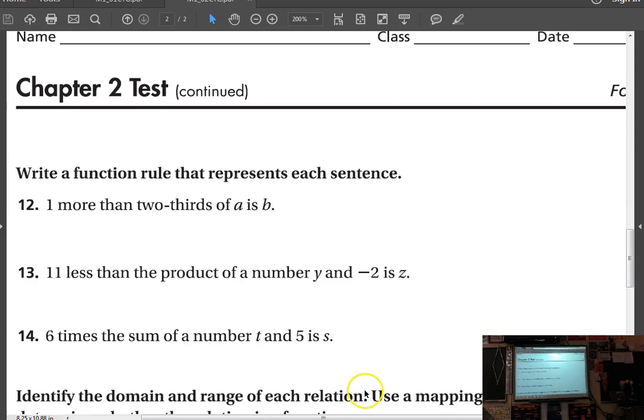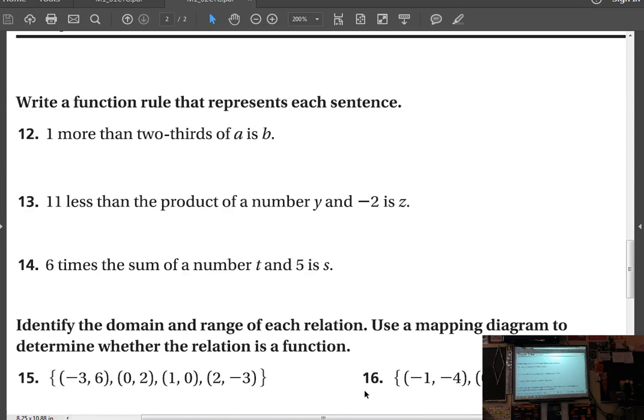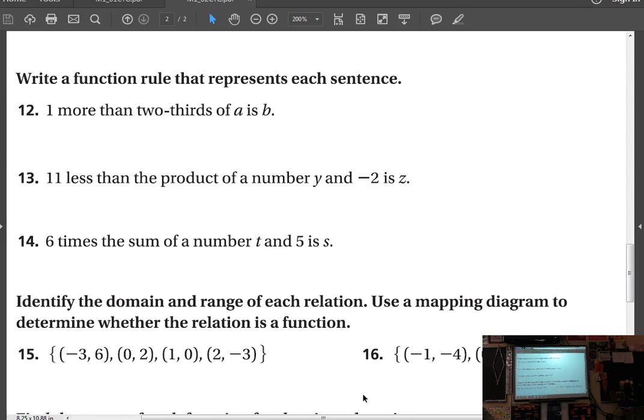This is actually beforehand, but 22. What about 12, 13, 14? Anybody with those? Did everybody get this? I feel like I was missing one person. And then, Madison, what is this?